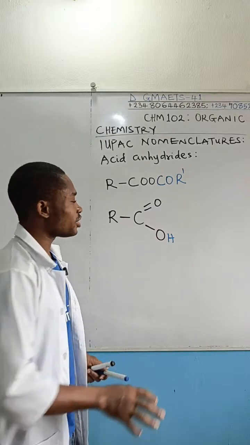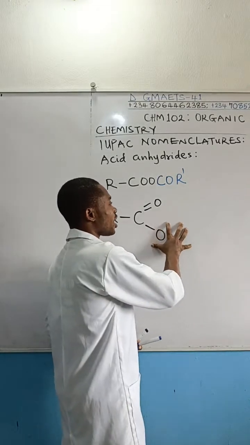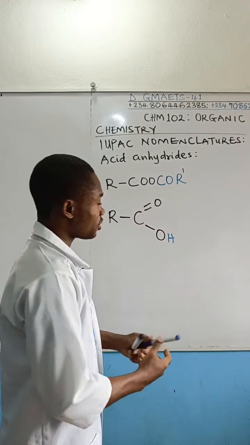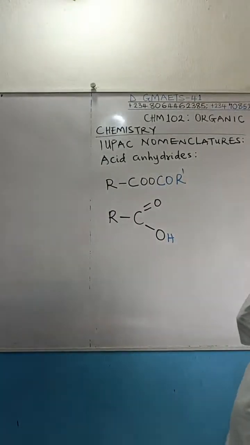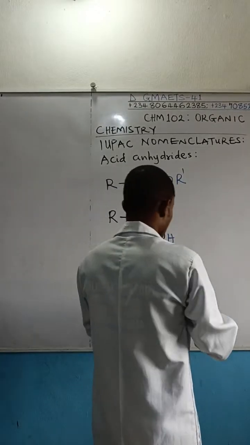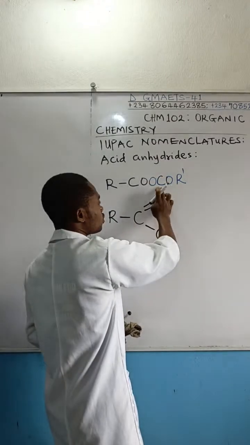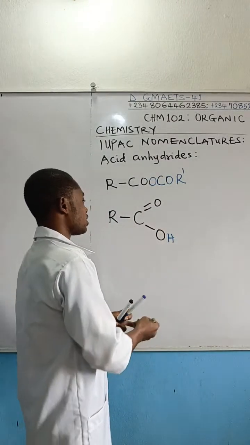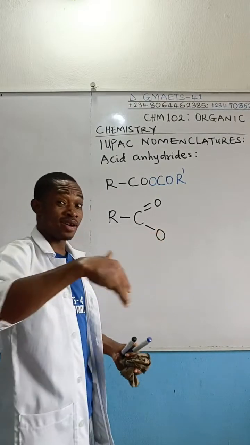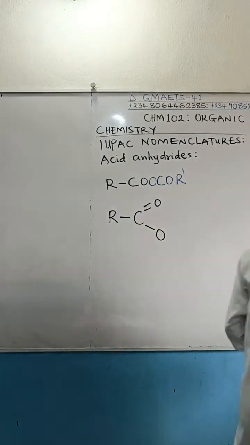But what happens now is that this OH of alkanoic acid is removed and replaced with OCOR. Please permit me to do something here. The more correct form of this oxygen, I'm going to use blue shade because actually it goes with this guy. Since in alkanoic acid, what is being replaced is the OH by another group of atoms.